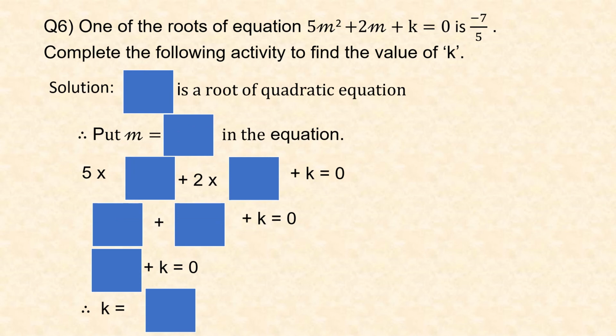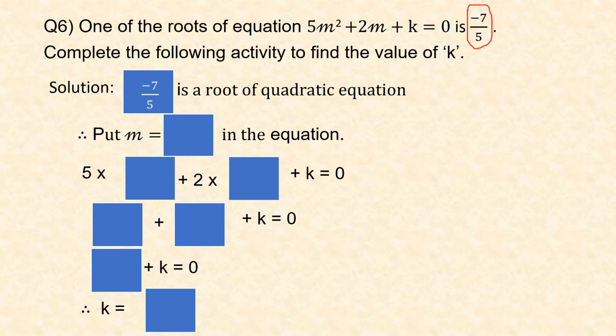Here these are fill in the blanks. Now we write down the fill in the blanks. Minus 7 upon 5 is the root of the quadratic equation. What is the given root? Minus 7 upon 5.